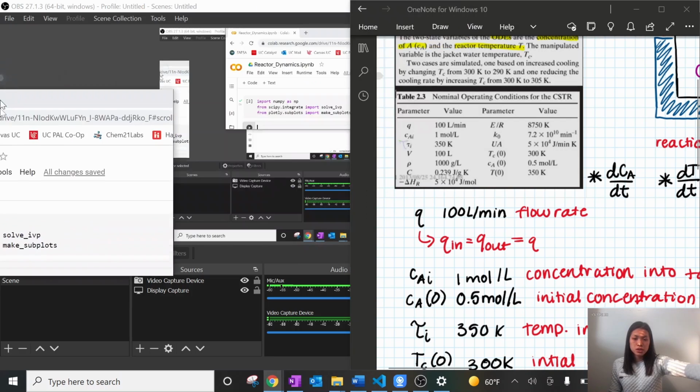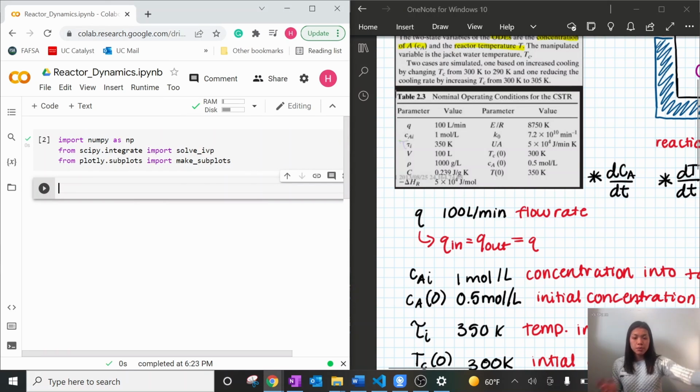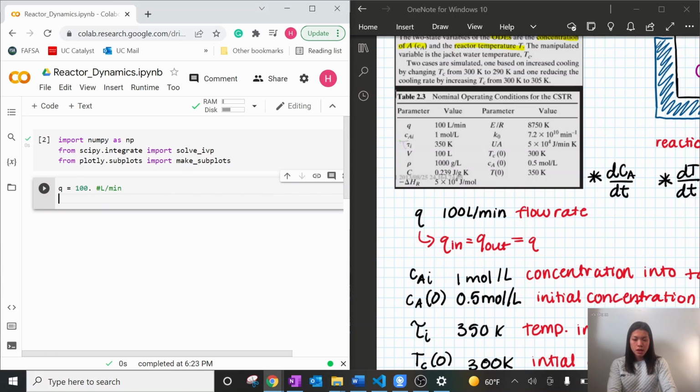And so the first thing we're going to do is we are given all these parameters. So what we want to do is first input that into our code. So we have the flow rate, which is 100. This is liters per minute. We also have our concentration going into the tank, and that is 1 mole per liter.